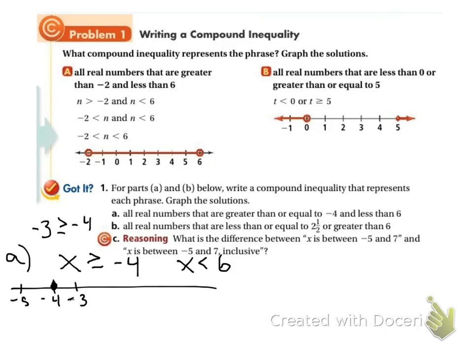So this is true. So I need to draw my arrow going this way. Okay, now I'm going to graph my x is less than 6. So if I plug in 7, I get 7 is less than 6. That's false, so I need to go towards 5, and I have an open circle.